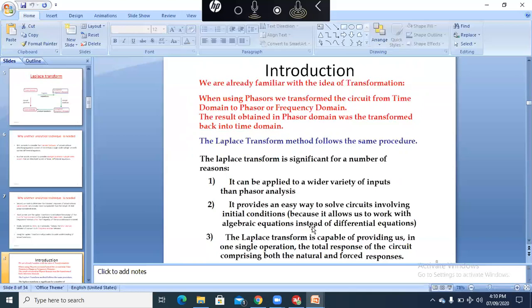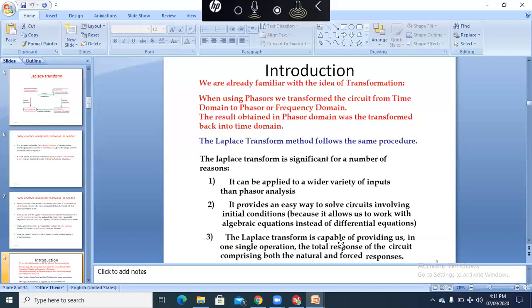These conditions are important, and we should take them into account. The Laplace transform helps us to consider the initial conditions of these circuit elements.